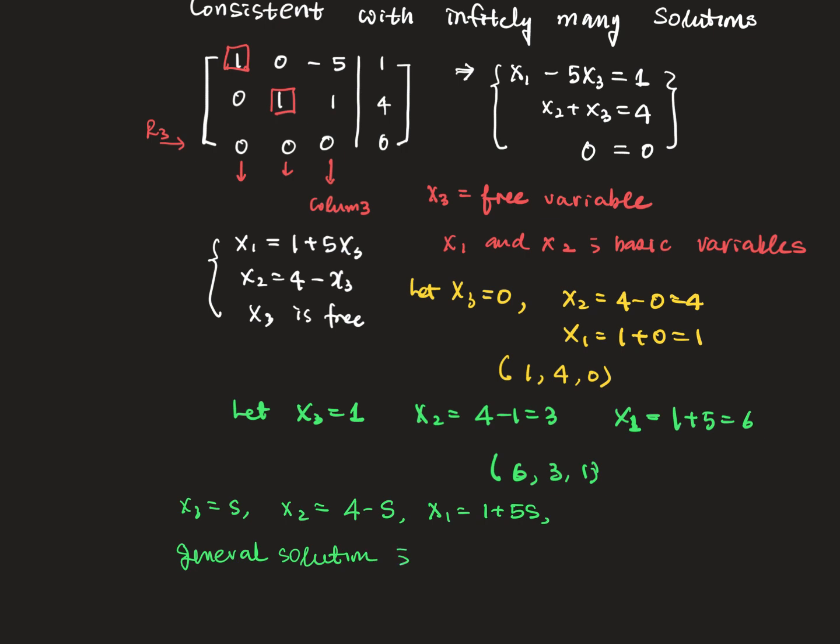So how can we write it? (1 plus 5s, 4 minus s, s). That's the solution set, where s is a real number. Okay, that's how you write the general solution of this consistent system, guys.